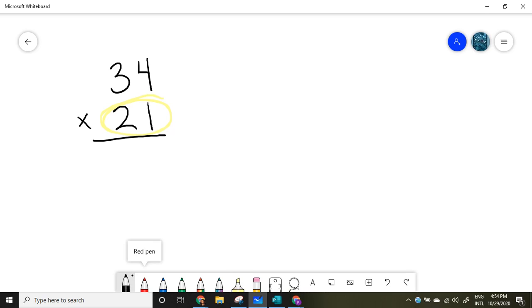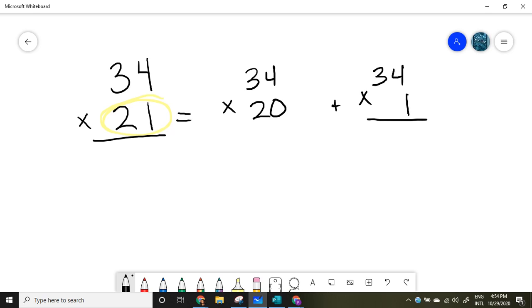So I can break this up into expanded form, my ones and tens, and I would have 20, and I would have 1. So instead of doing 34 times 21, I could do 34 times 20 and 34 times 1. These numbers are a lot easier for me to handle if I'm multiplying.